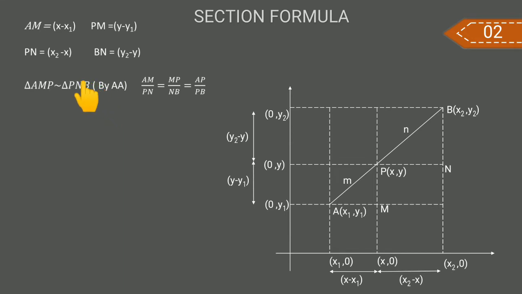By the definition of similarity, the ratios of their corresponding sides are equal. Therefore AM upon PN is equal to MP upon NB is equal to AP upon PB.